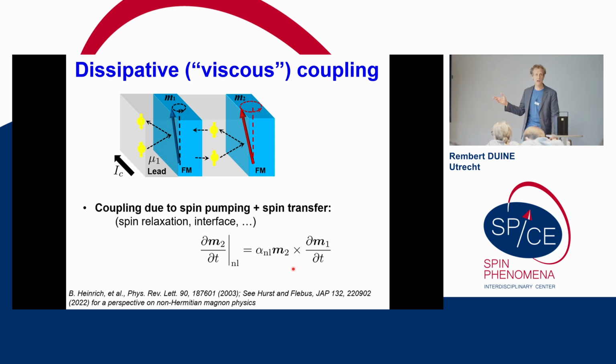Now, if you write this down after Holstein-Primakoff transformation and so on and so forth, and choosing the resonant energies, this will basically be an imaginary hopping of magnons from left to right magnet and vice versa. And so this dissipative coupling can be used to engineer neat non-Hermitian physics for magnon systems.